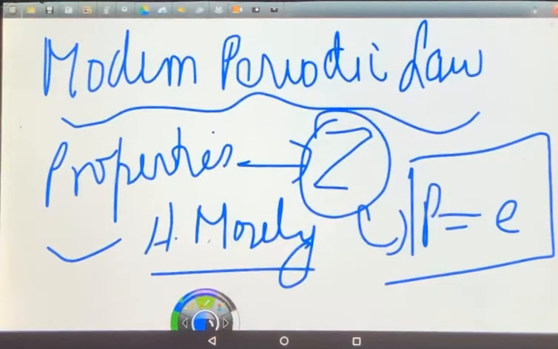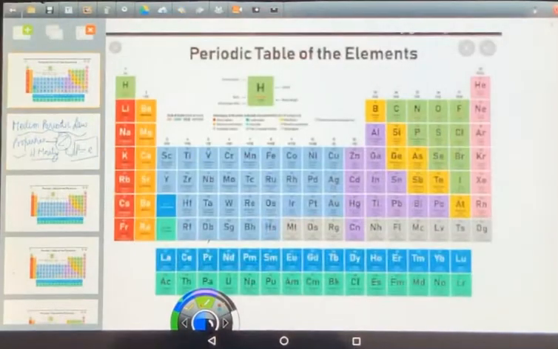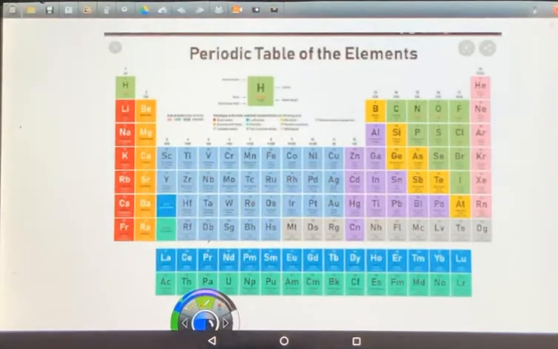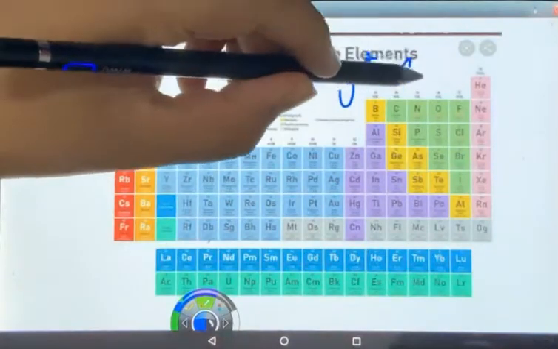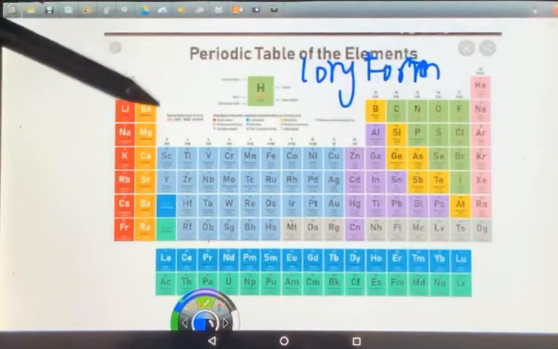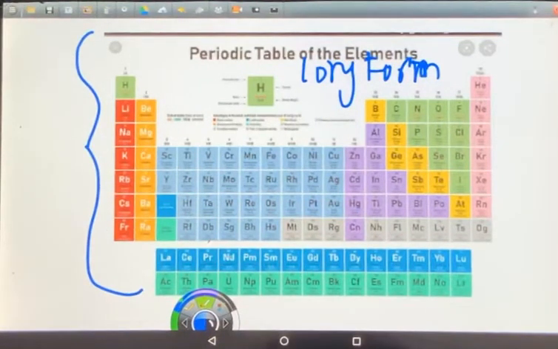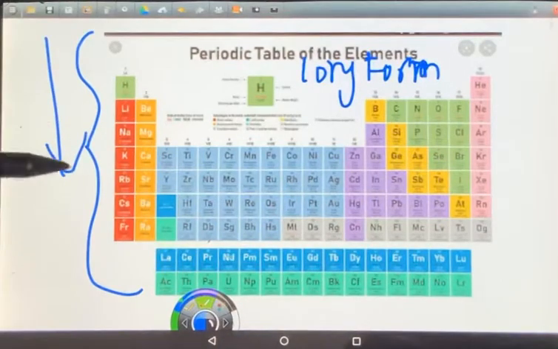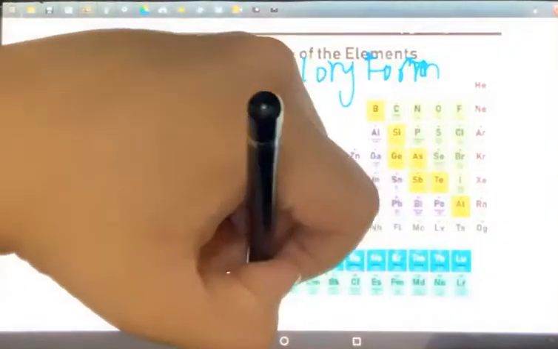Okay, so now let's talk about the discussion. The image you are seeing here of the periodic table is called the long form of the periodic table. The long form of the modern periodic table, and you can see that this table consists of two types of divisions: a vertical distribution of elements called groups and a horizontal distribution of elements called periods.